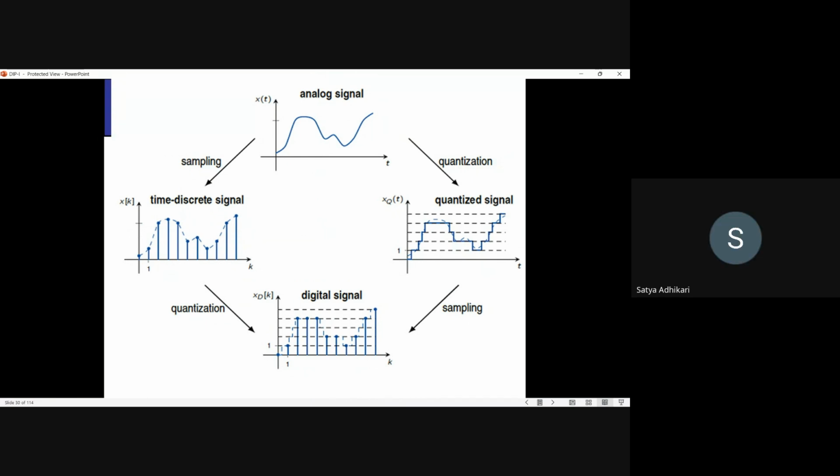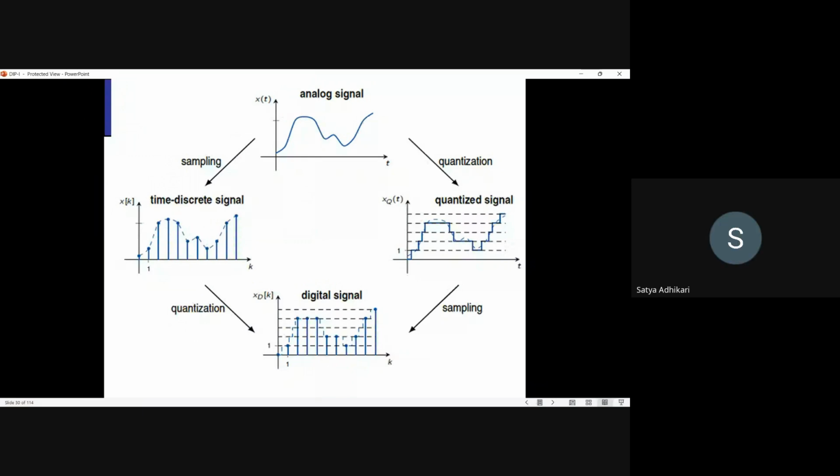An analog signal, we cannot process it. When a system is analog, we cannot process it. We have to convert it to the corresponding digital signal. So an analog signal cannot be processed; it could be converted into another signal, a digital signal.